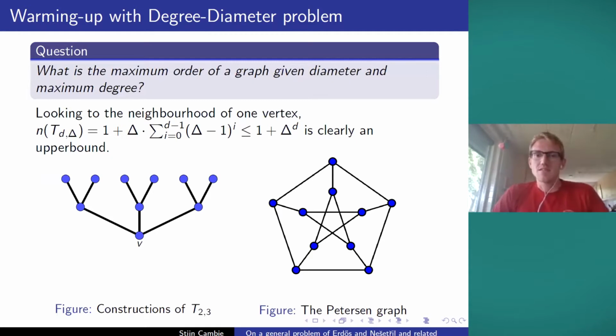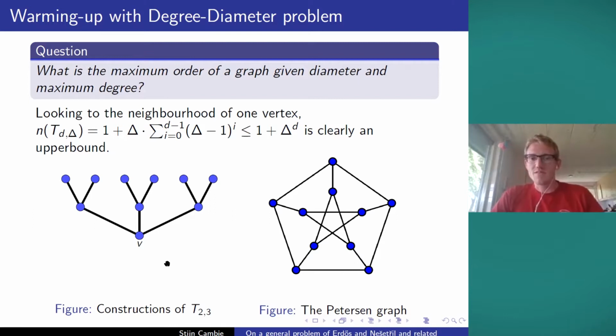As a small example, to present the bound, if you look at one vertex, due to the maximum degree condition, you know the vertex has at most delta neighbors. And each such vertex again has at most delta neighbors, one of them being in the graph already. You can repeat this up to the point that all vertices are within distance d, the diameter, of the vertex.